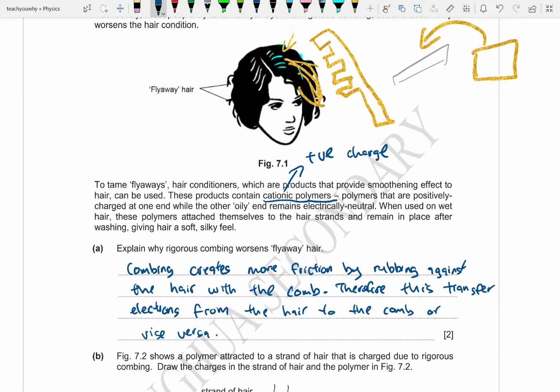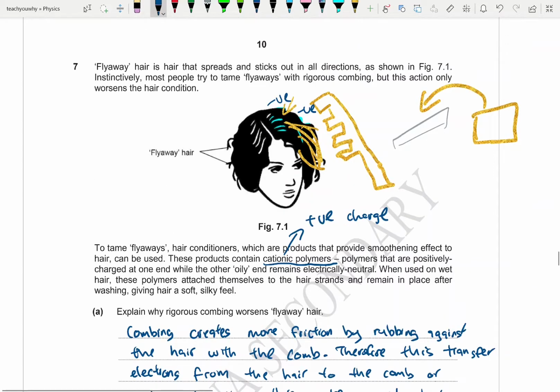Hence, this makes the hair negatively charged, which causes it to stick out.